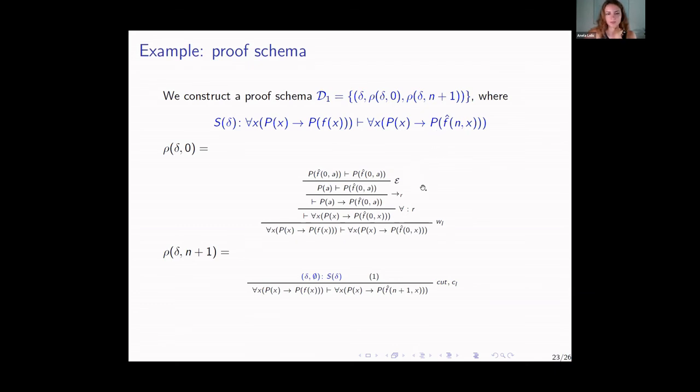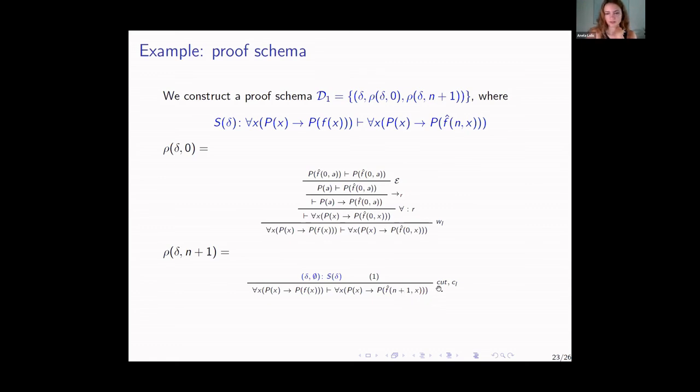Now, as you see, the base case proof is a very simple proof using an equality inference here of precisely this end sequence S delta, except that n is replaced with 0, as you see here. And now the step case proof is the same end sequence, just the parameter is n plus 1.